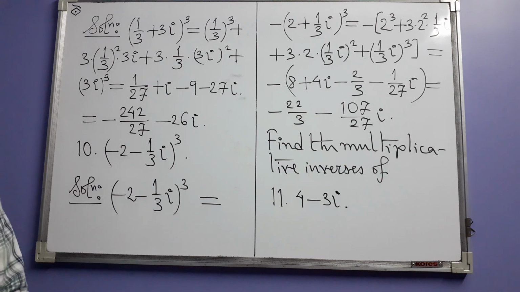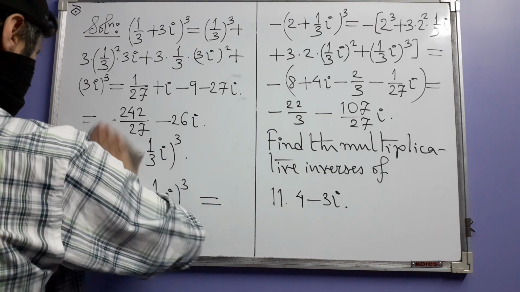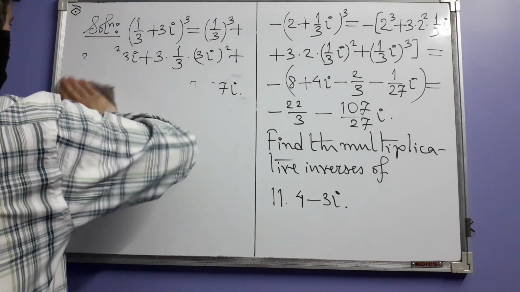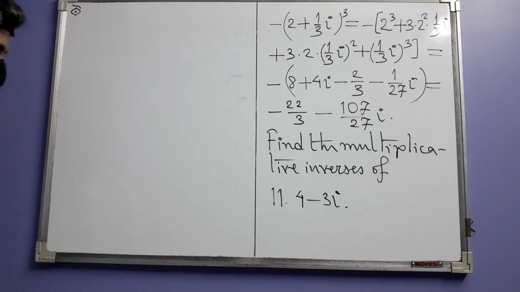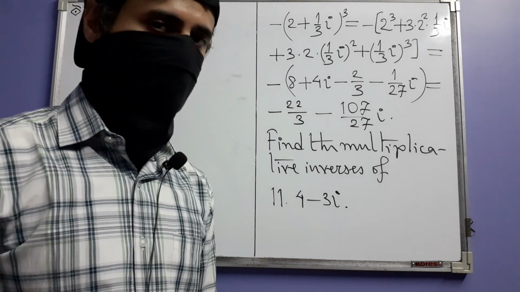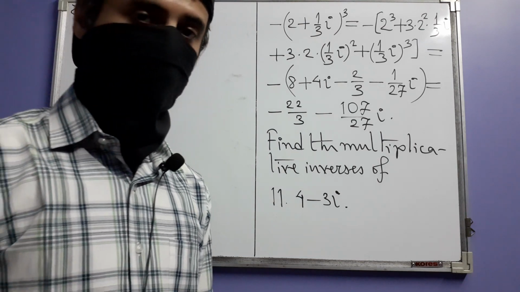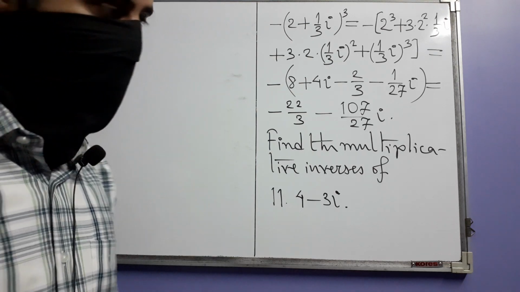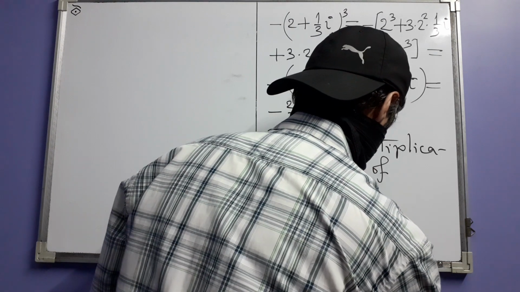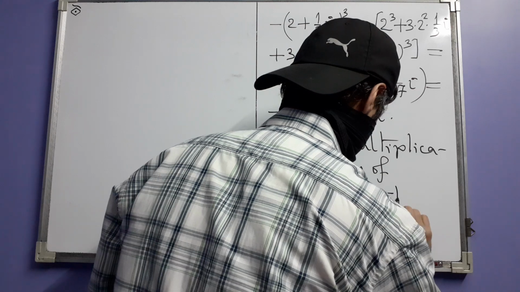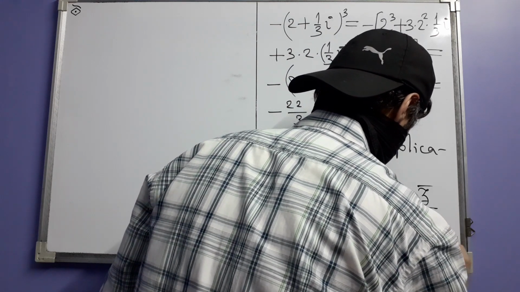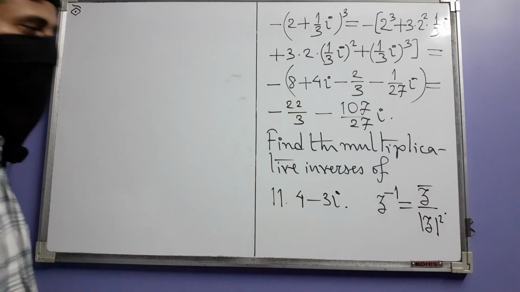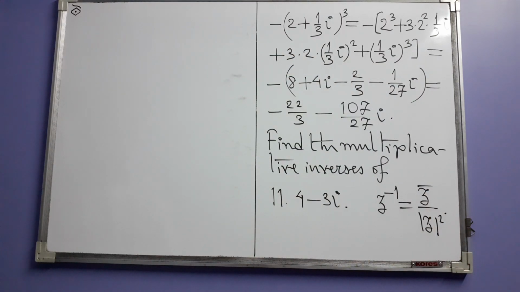Okay, so we are going to do it this way. We are going to use the formula for multiplicative inverses, which has complex conjugate and absolute value. That means recall that the multiplicative inverse of z, if z is a non-zero complex number, is this. This is what we are going to use here.